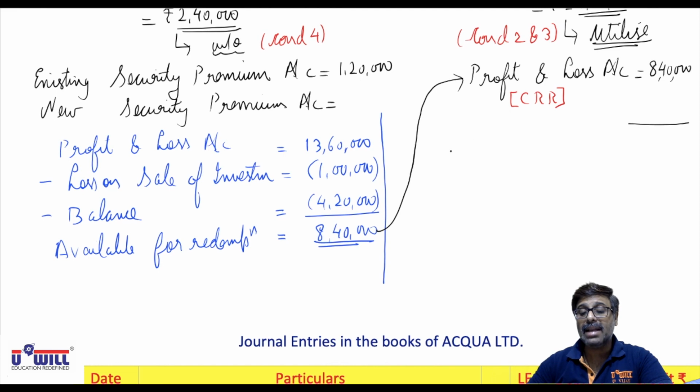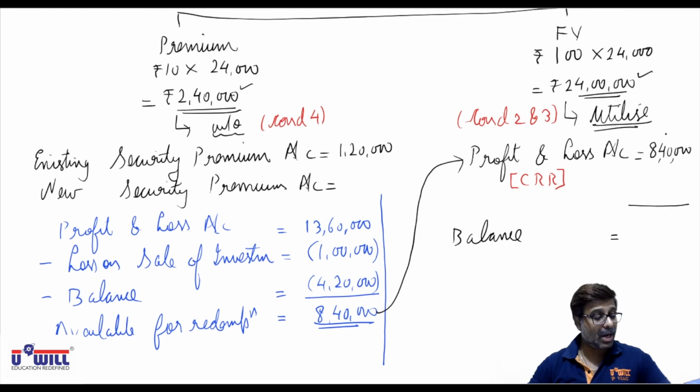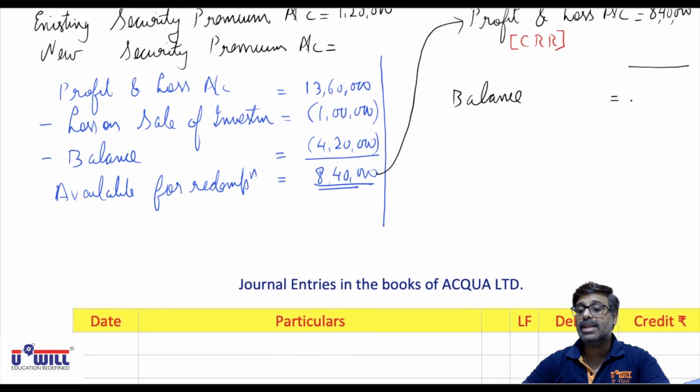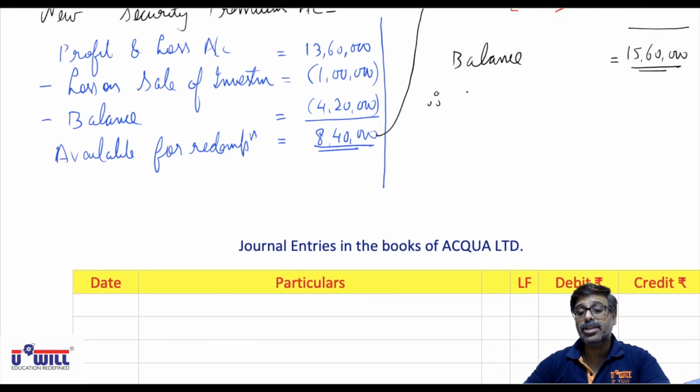Now, what is the balance amount for which we have to raise the money by proceeds of fresh issue of equity shares? 24 lakhs minus 8,40,000, 15,60,000 we have to raise by issue of equity shares in the public. For this 15,60,000, what are the number of equity shares that we will have to issue?